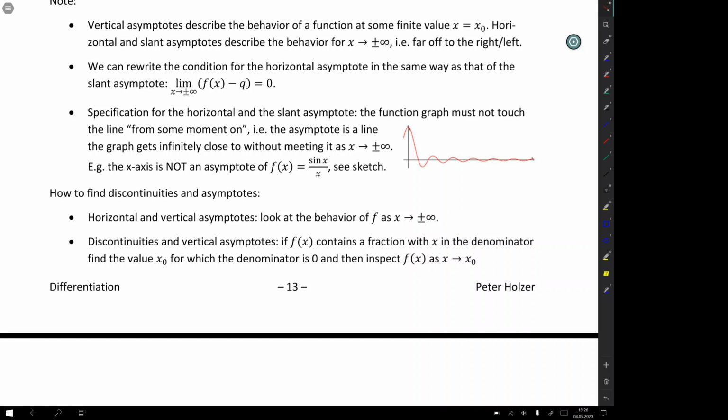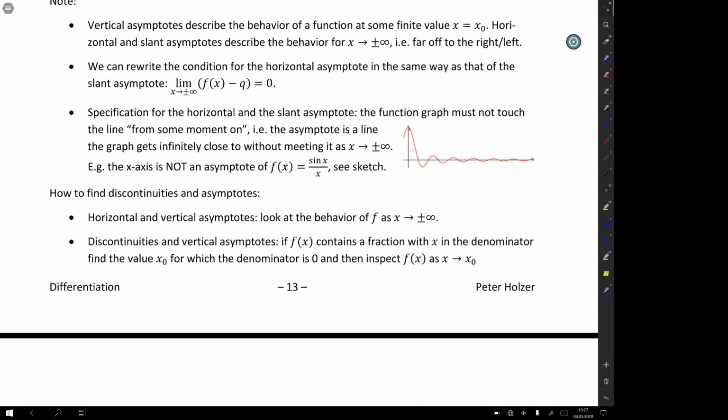Either the limit of the function is a fixed value, for example 7, then we know y equals 7 is a horizontal asymptote. Or we see that the difference between the function and a line goes towards 0, then we know that line is the asymptote. We'll look at that in some examples in a moment.